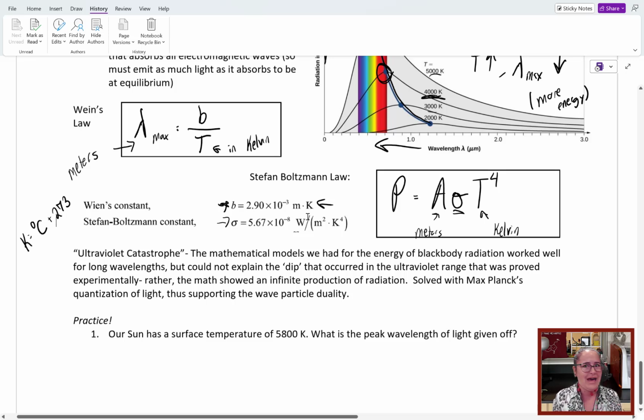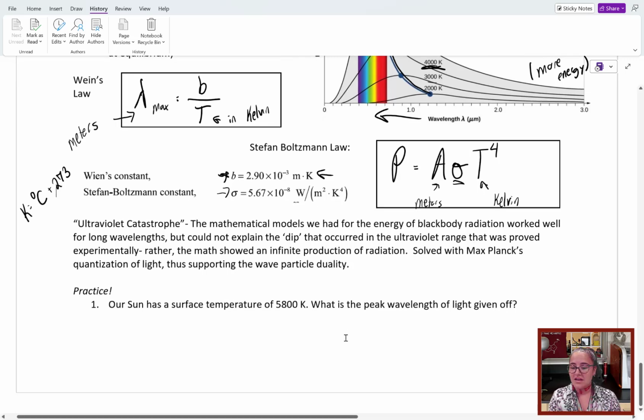So Max Planck was able to quantize light and prove that with a quantized model of light, the blackbody equations were all accurate and were able to accurately predict those spectra. So the quantization of light, further supporting wave-particle duality, was also proven.